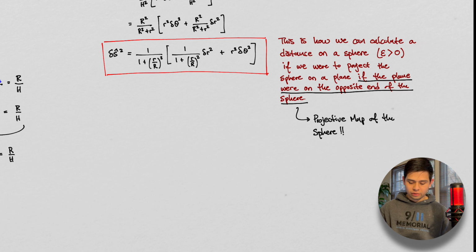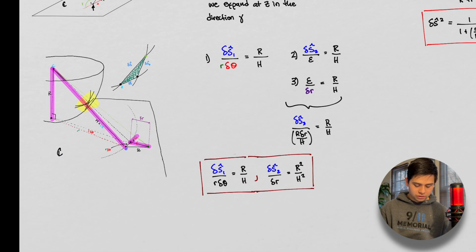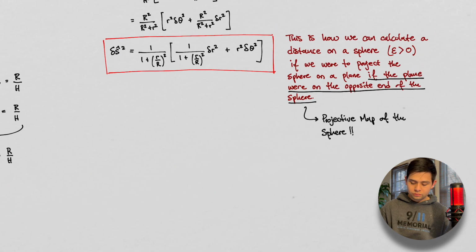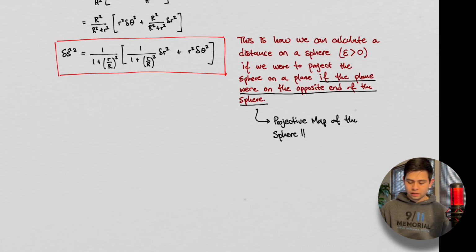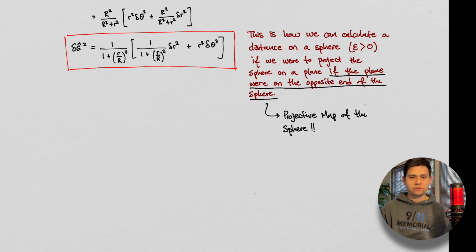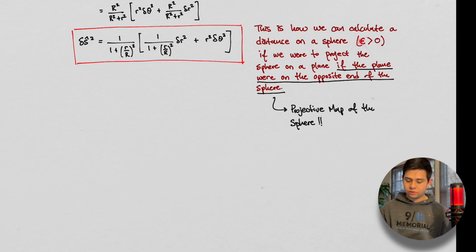So this is how we calculate distances on a sphere with epsilon greater than 0. The epsilon, again, is not this epsilon. This epsilon is different down here. This epsilon here is the one that we were talking about when we talked about deficit angles in our previous videos. So a sphere, again, is something that has epsilon greater than 0.